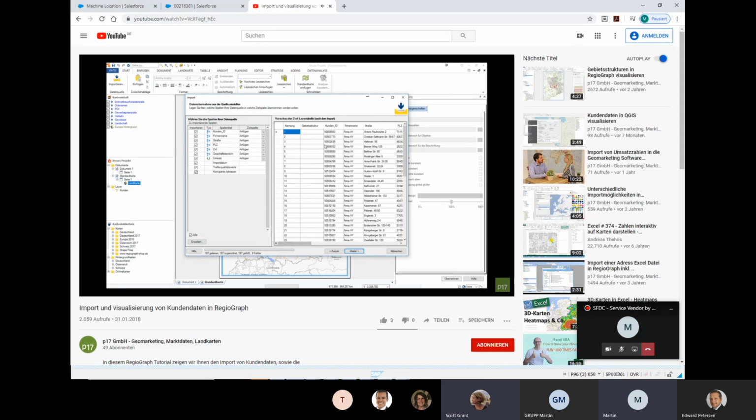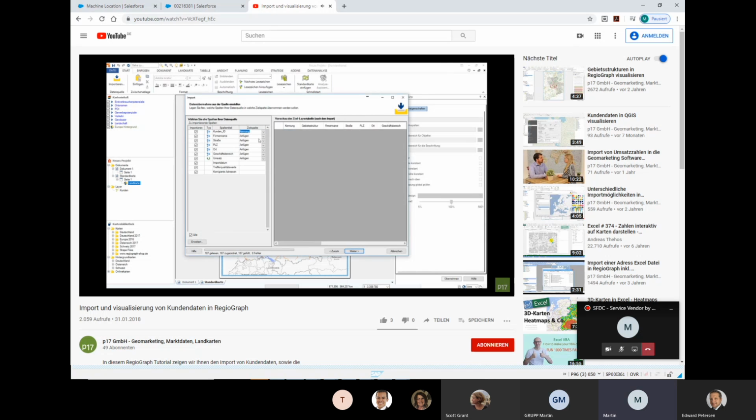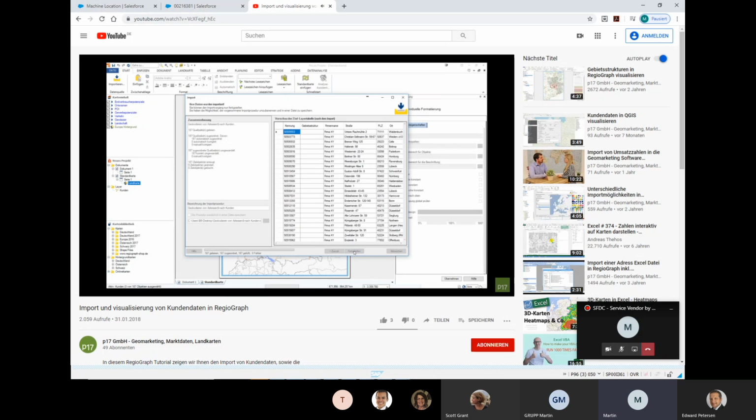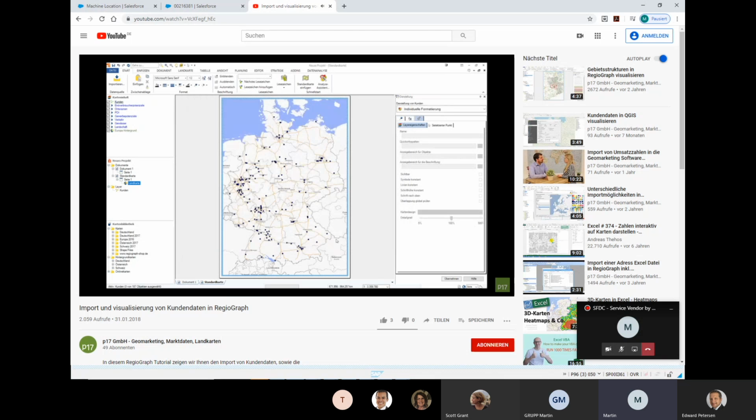And I know that McDonald's and Coca-Cola in the US used to work similarly, but they developed something in-house, obviously being big enough to do that, which allowed them to visualize the area structure, the density, and the amount of work, and put a layer on it, which is the service vendor coverage.